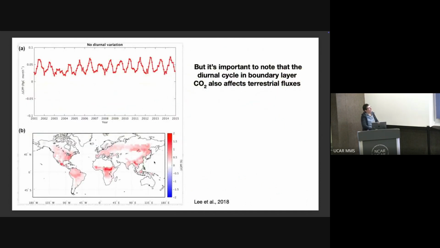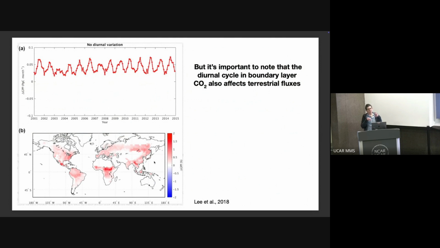But again, why might we care? This is another example from that same paper by Lee et al., where they are not letting there be diurnal variations in CO2. You can see that essentially everywhere GPP increases. That's due to the fact that if you allow those diurnal fluctuations in CO2 to be biogeochemically active in your model, you end up with less CO2 during the day, as photosynthesis is drawing down CO2.